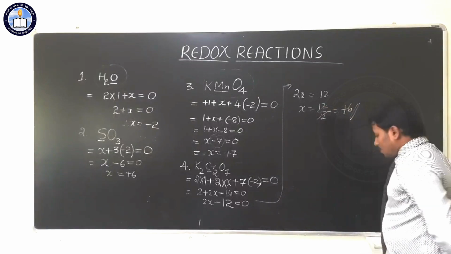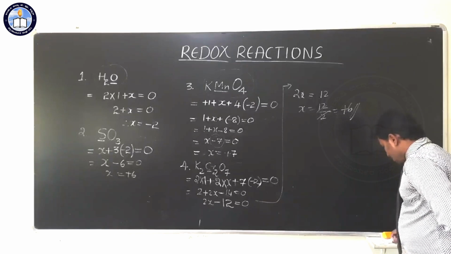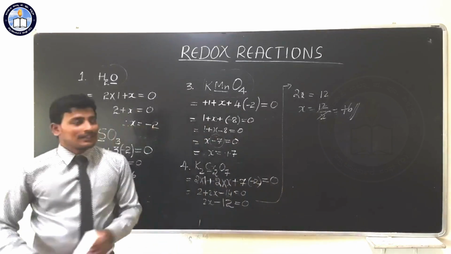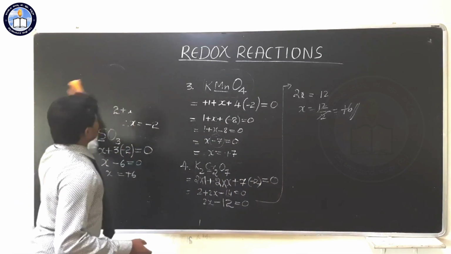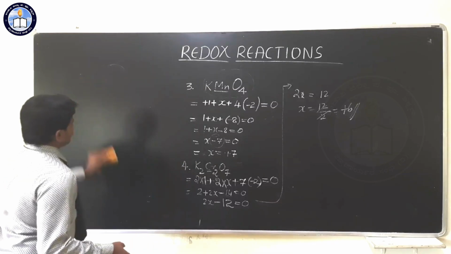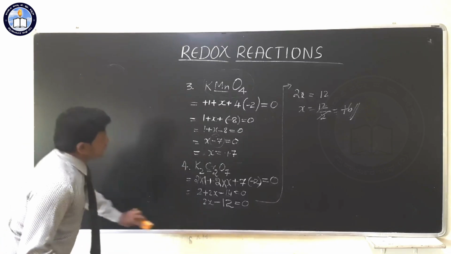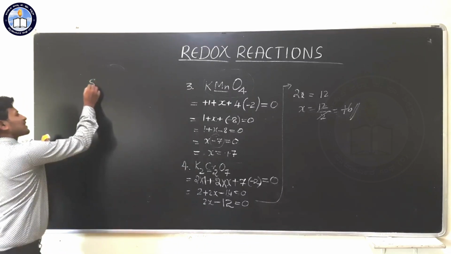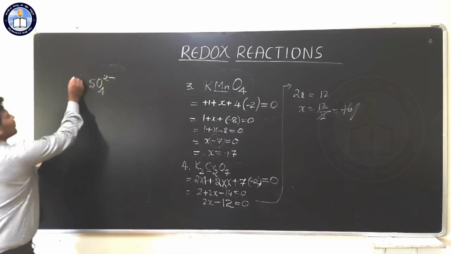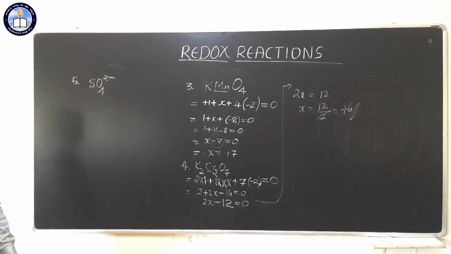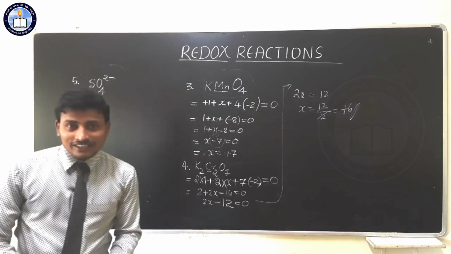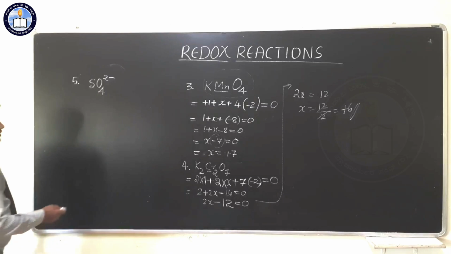Okay, if a negative sign is there, how to find out? See, for example, the fifth one: SO4 2 minus. How to find out for that? Same procedure.